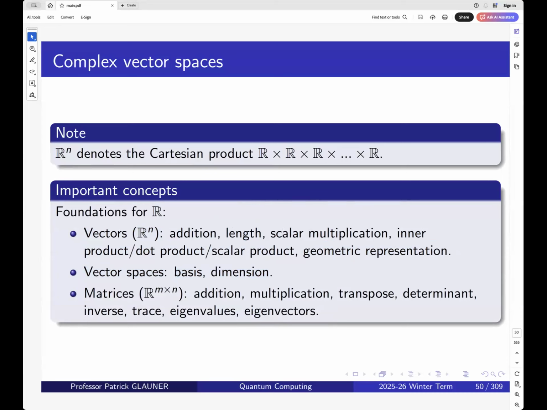And then we will see matrices. And in matrices, it's R to the power of m times n. So we have m many rows and n many columns, and we can add, multiply, transpose, and so forth. We will do this very quickly as a revision for the real numbers. And once we're done with that, we will actually switch to complex numbers.